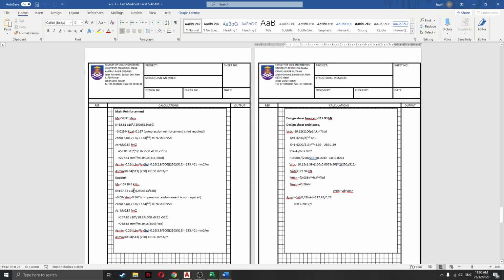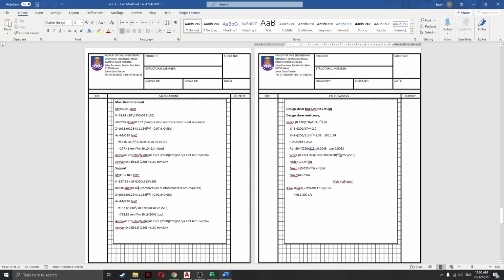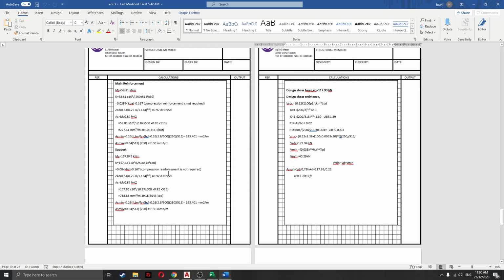Then for the support, I use the highest 157.843 moment. And then the area required I get 768.83, so I put it at the top.